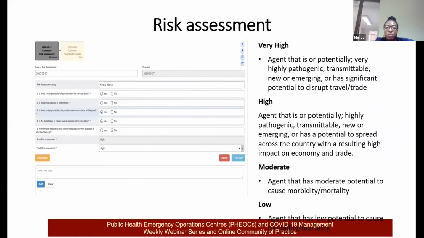Next slide. So once we enroll in the system, the system asks you to do a risk assessment for events. The EBS unit only prioritizes public health impact. We don't do the very rigorous risk assessment that you expect the EOC to do.